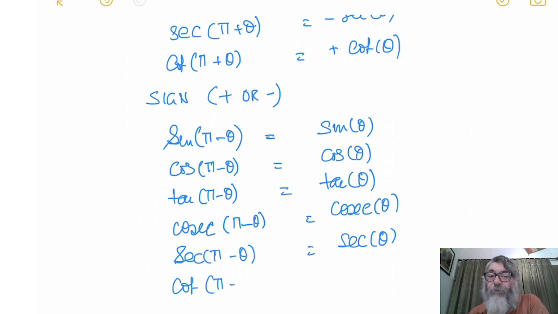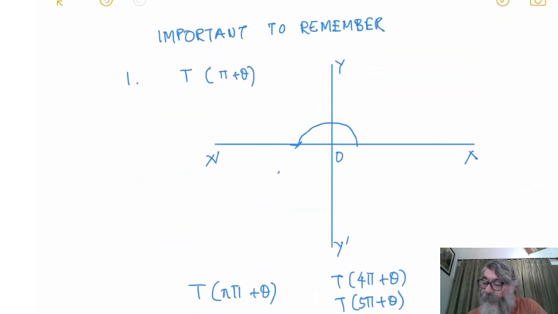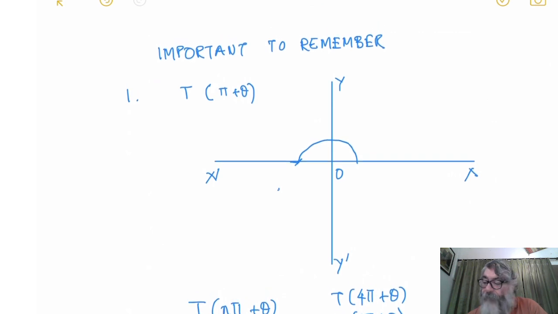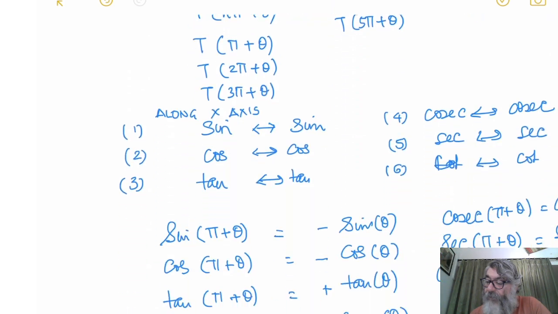The only thing you have to notice is that pi minus theta means you start from 0 here and come to pi. So pi plus theta comes into the third quadrant, while pi minus theta comes back into the second quadrant. In the second quadrant, only sine and cosec are positive.